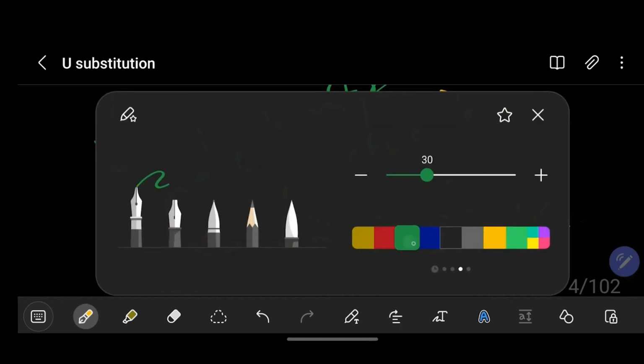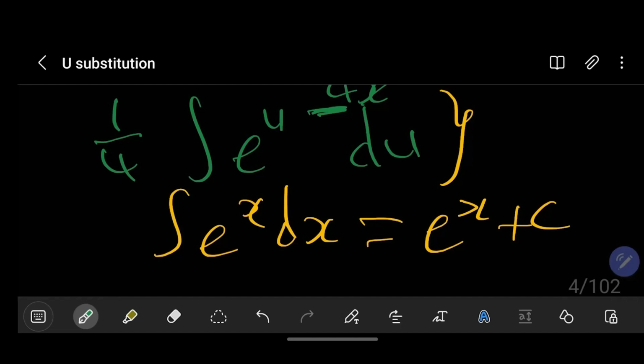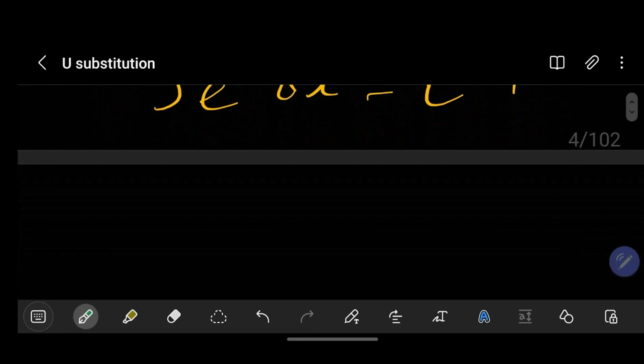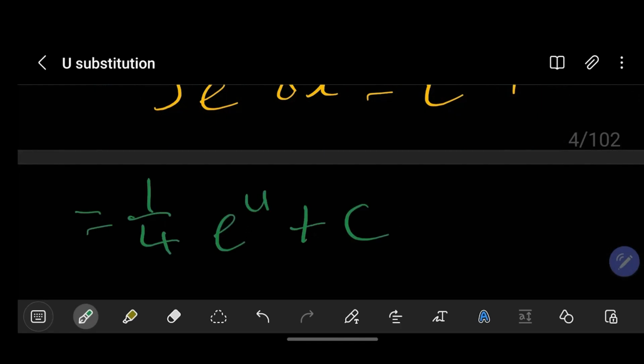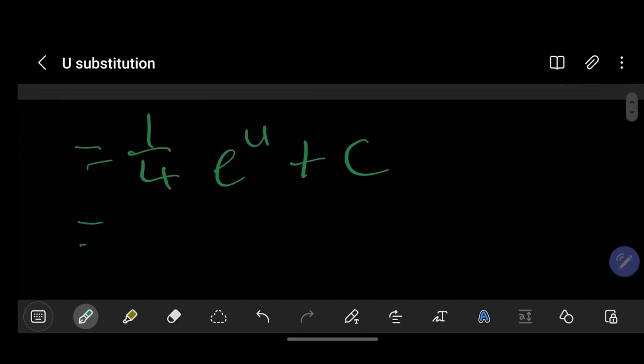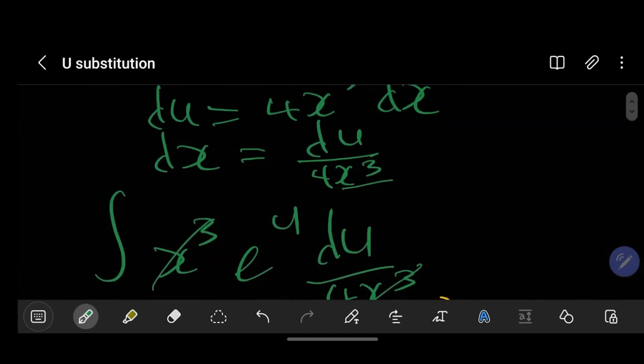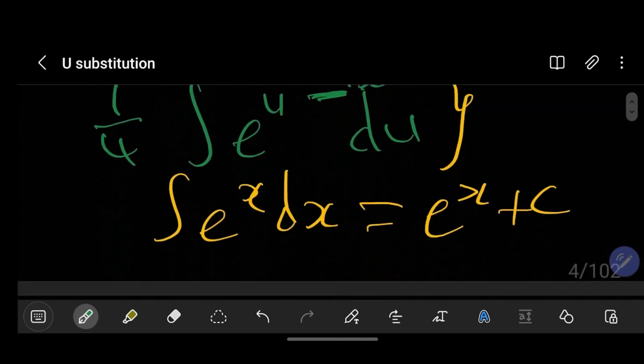Okay, so this is now in the familiar format. This is the exponential rule. So evaluating and resolving this, we would now get 1 over 4 e to the u plus c, and if we substitute back, this is equal to 1 over 4 e to the x to the 4 plus c. Okay, quite simple, right? U-substitution helping us to identify that we need to use the exponential rule.